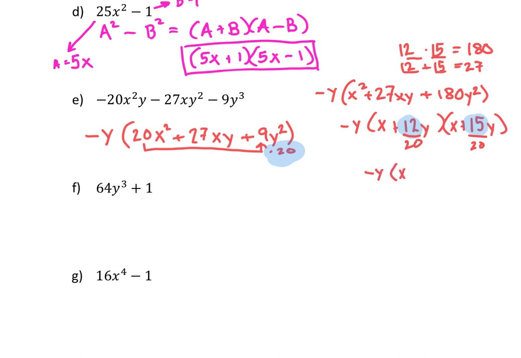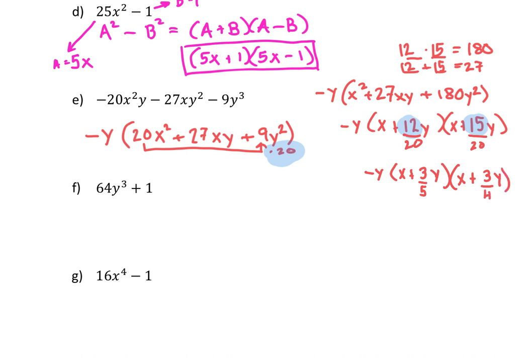The common factor of 12 and 20 is 4. 12 divided by 4 is 3. 20 divided by 4 is 5. On the second one, the common factor between 15 and 20 is 5. So 15 divided by 5 is 3, and 20 divided by 5 is 4.